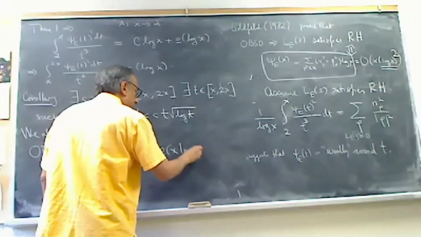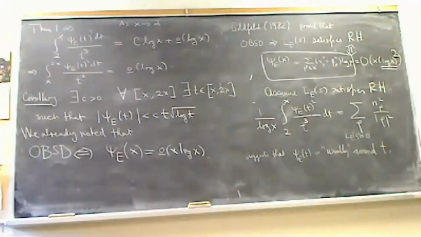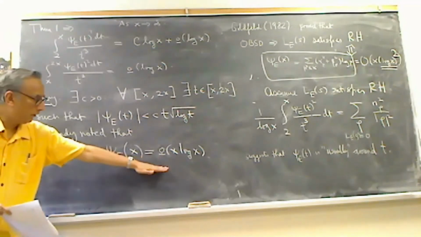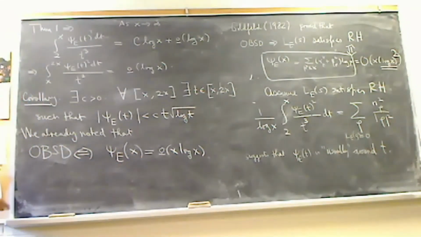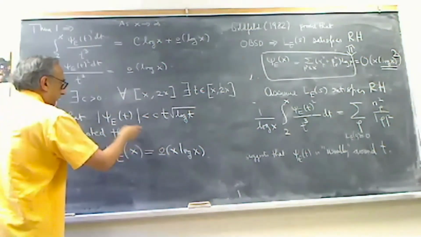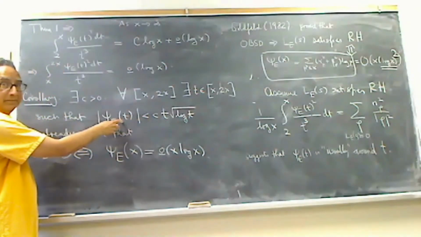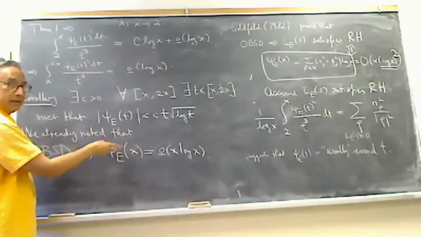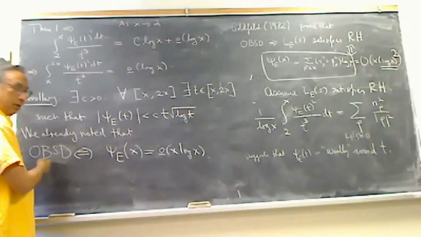I think this is what we already noticed. And so if we had it for all t, we would certainly have gotten the original Birch-Swinnerton-Dyer conjecture.